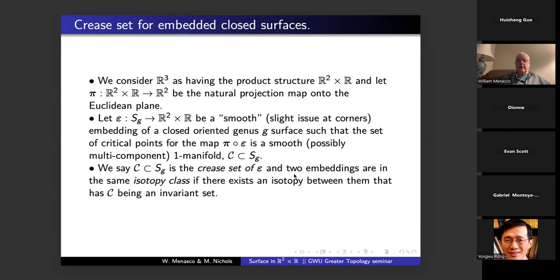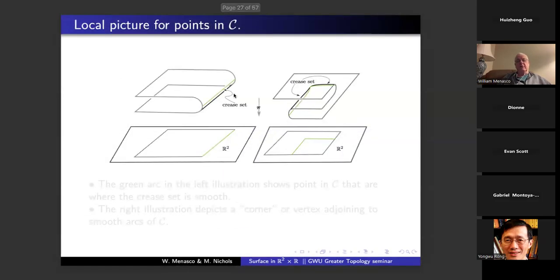Two embeddings are going to be in the same isotopy class if there exists an isotopy between them that keeps this crease set invariant. So here's the crease set, here's an example, a local picture. And as a matter of fact, you can assume that this is the generic picture that you have.